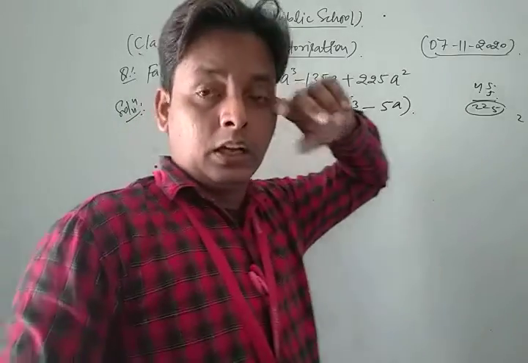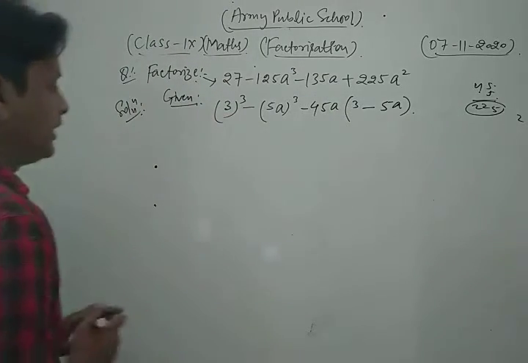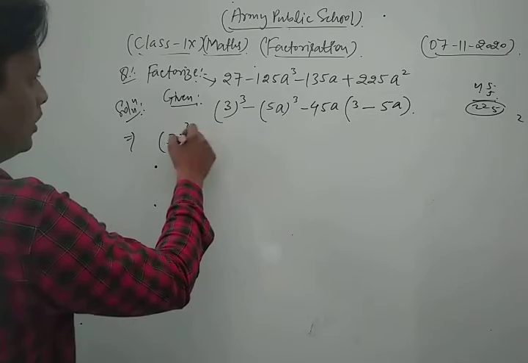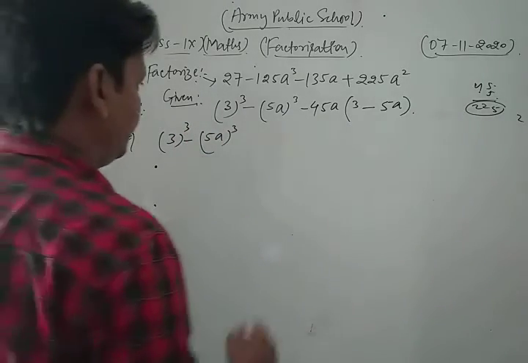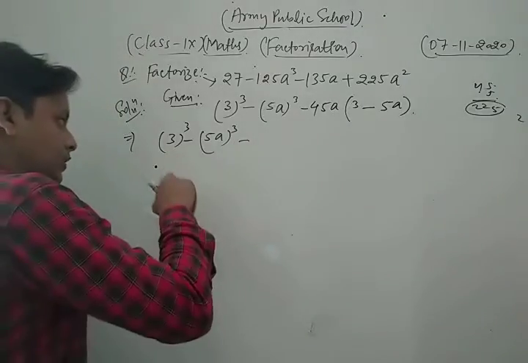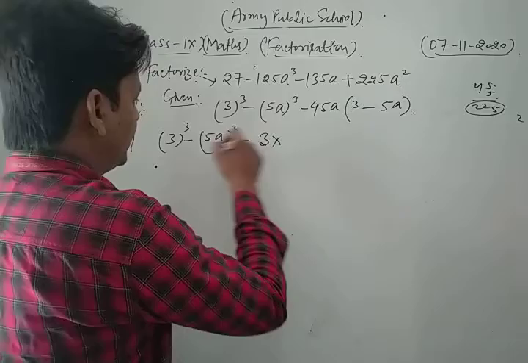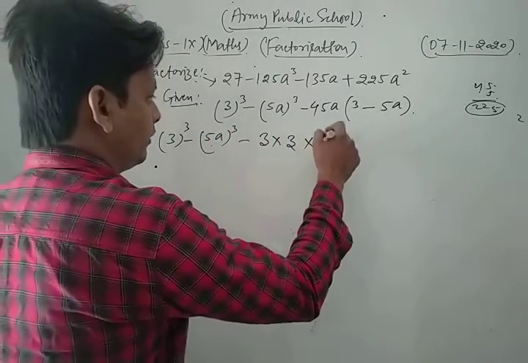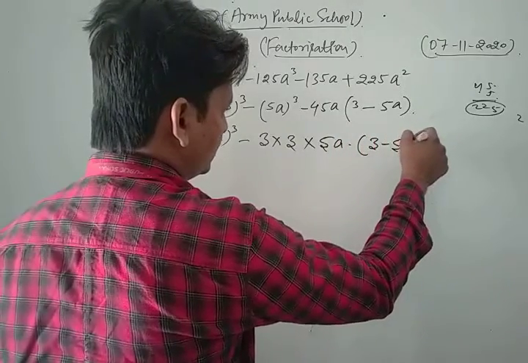Now what do I do? We can write it this way also: 3 cube minus 5a whole cube, minus 3ab, meaning 3 into a, we can write 3, and b means we can write 5a, in bracket a minus b.